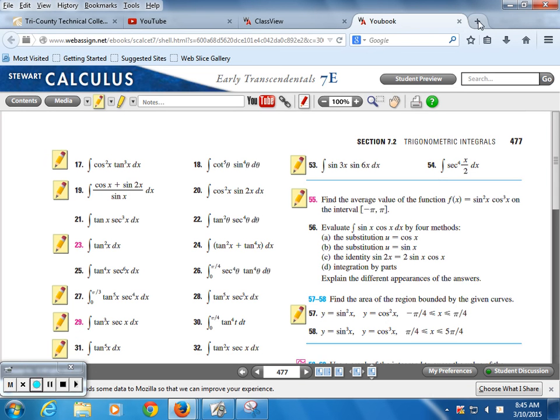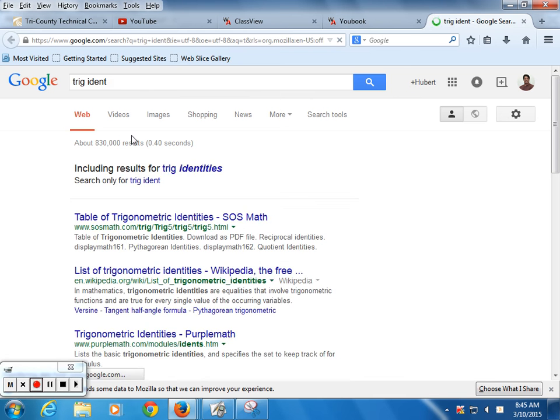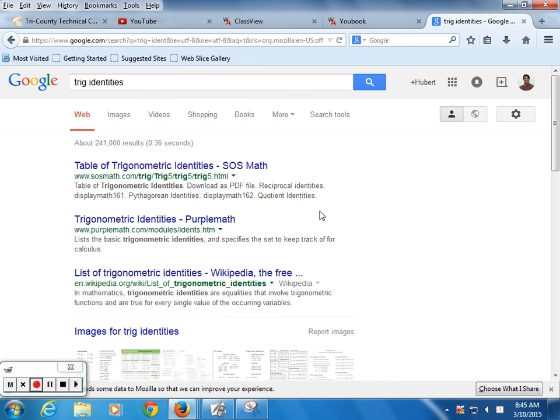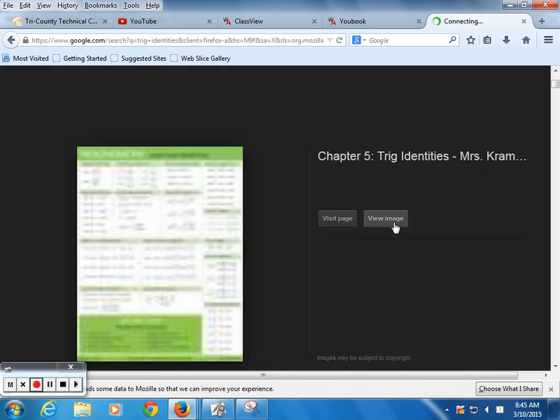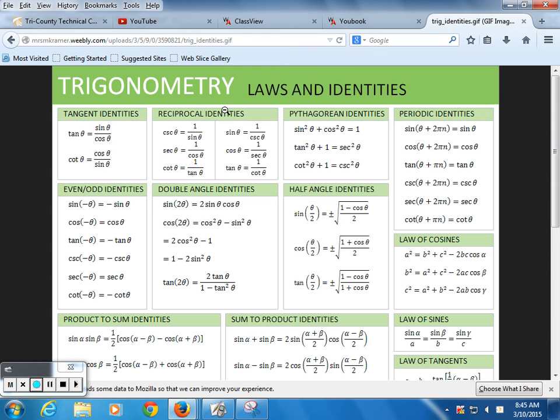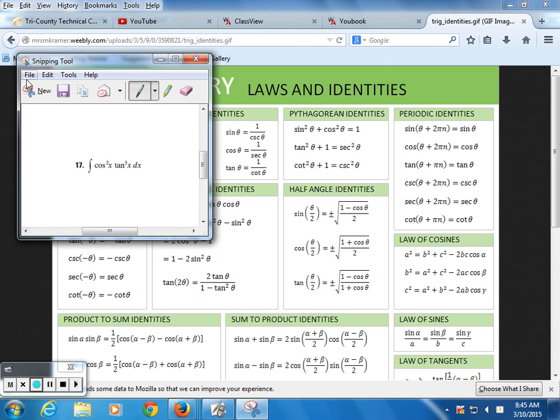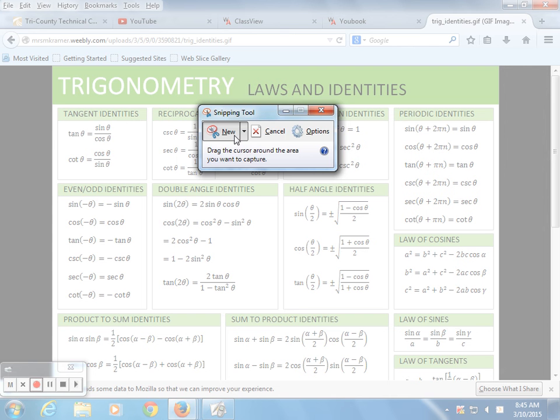Help y'all out again. Trig identities. Let's see if I can pull this off again. I'm just going to start snipping in the whole class.